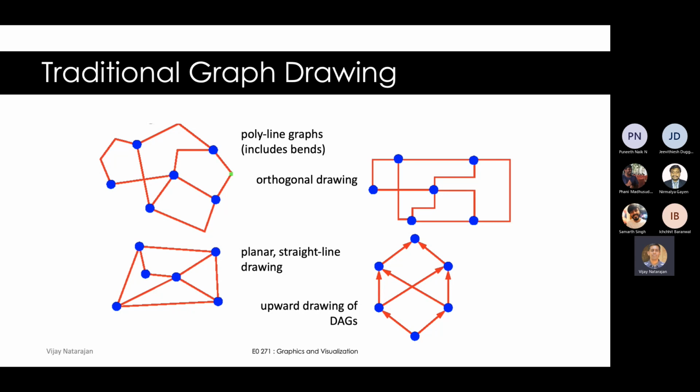graph visualization or graph layout to begin with. Graphs or networks present completely different challenges. By the way, I want to remind you again that if you have questions, do ask.